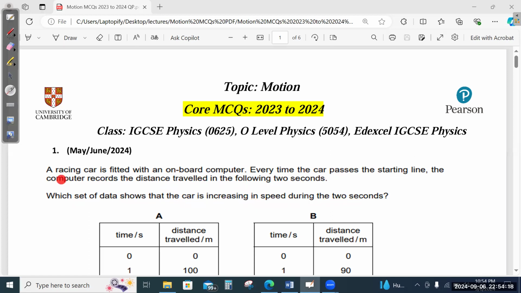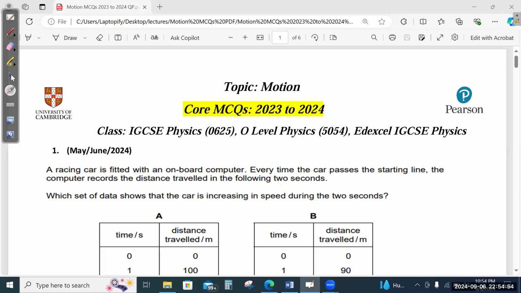The question is that there is a racing car fitted with a computer board, and they calculated the distance traveled by this racing car in 2 seconds. You have to find the correct option in which the speed of the car is increasing in 2 seconds.